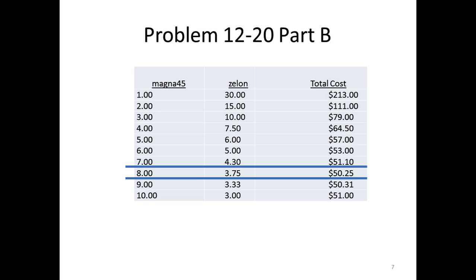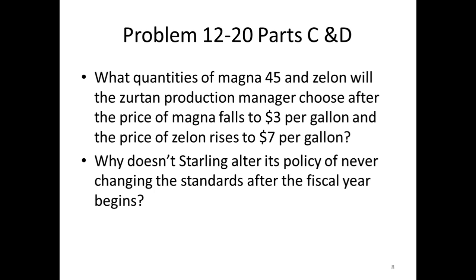However, Starling has a policy of never changing its standards during the year. And the next 2 questions, Part C and D, deal with what happens. What would the Zerton production manager choose to do after the price drop?